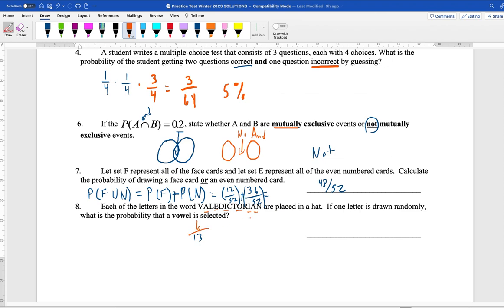So 6 over 13. This equals 46%. If we went back to the last question, 92%.